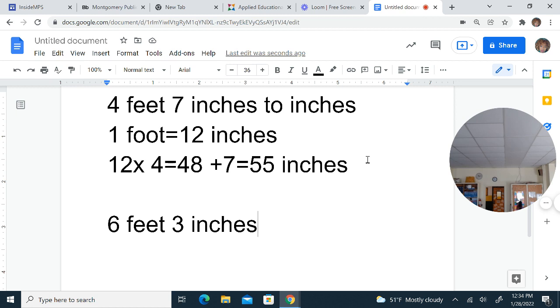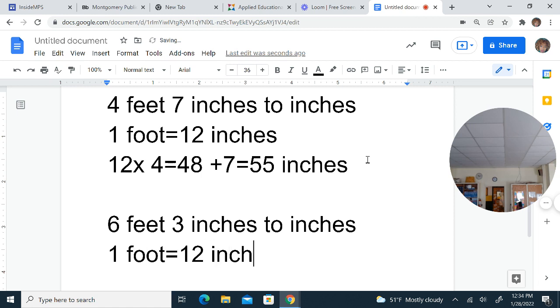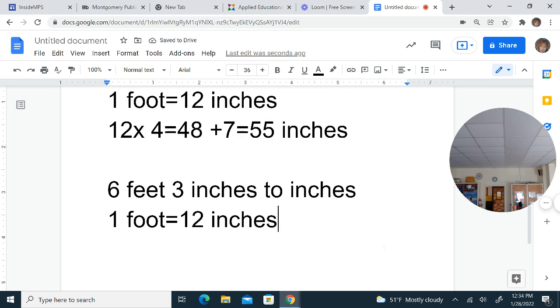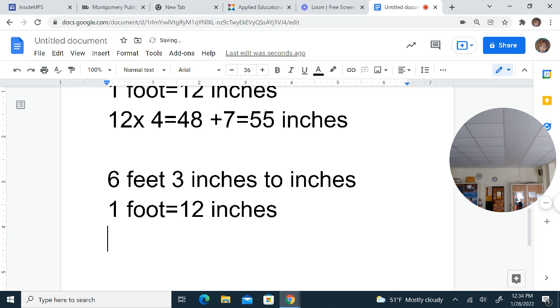That's the right problem. Okay, 6 feet, 3 inches to inches. That's what we're trying to do. All right, so we know that 1 foot equals 12 inches. Okay. 12 times 6 plus 3.